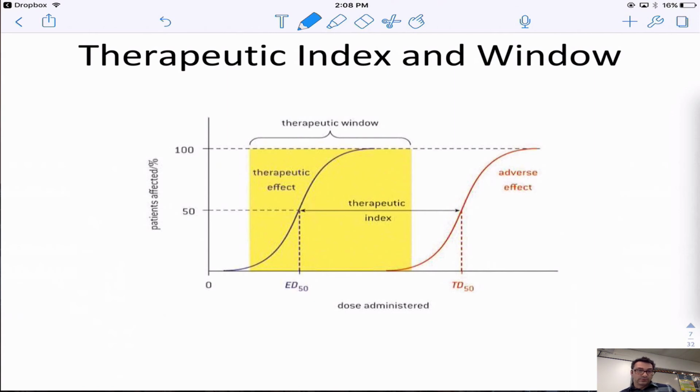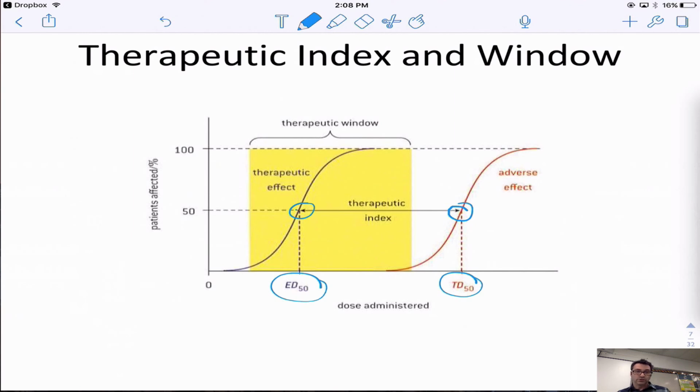So take, for example, here, the effective dose 50, 50% of patients affected. As we increase the dosage and compare that to the toxic dose 50, we can see that they're relatively far apart from one another. And so the chances of them having some kind of adverse effect from this drug is slim.